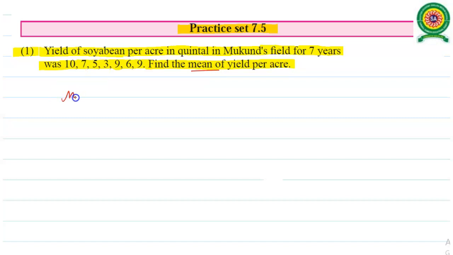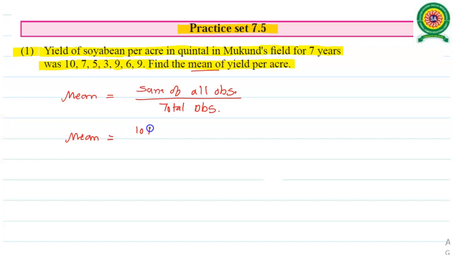For discrete data, the formula is: mean equals the sum of all observations divided by the total number of observations. The sum of all observations means we have to add up the quintal quantity given for 7 years in Mukund's field.